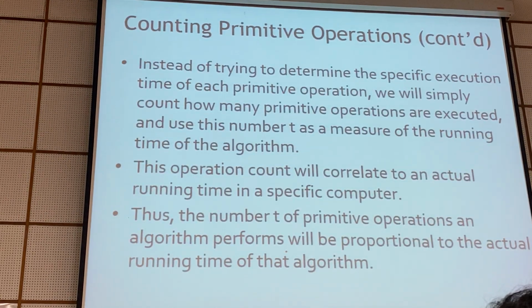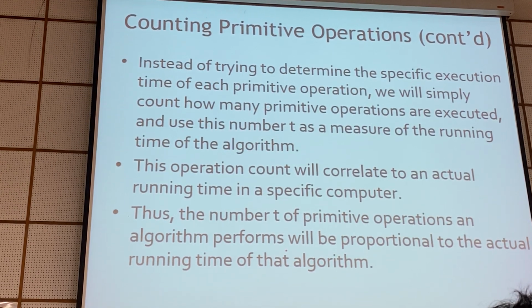Instead of trying to determine a specific execution time of each primitive operation, we simply count how many primitive operations are executed and use this number T to measure the running time.